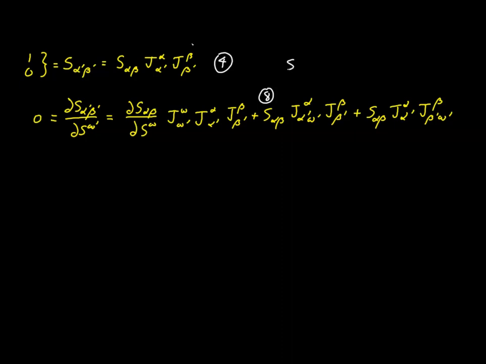For example, S1 prime 2 prime is equal to S2 prime 1 prime. So although there are 4 equations, 2 of them are effectively the same condition. We have the same thing going on down here. We've got what looks like 8 expressions, but 2 of them are identical because we can flip-flop these 2 indexes.